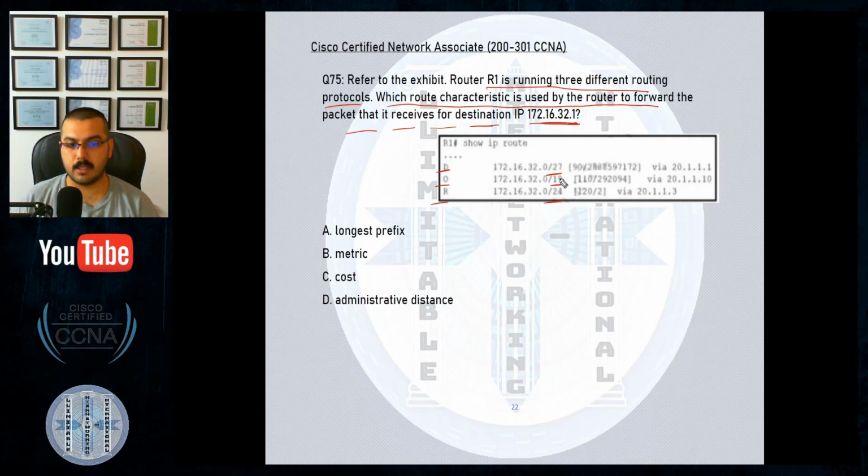So the biggest one here is /27, and /27 is a network of 172.16.32.0, so it does include this address, and it's the most specific one, so it will win, and it is D. And even if all 3 had the same subnet mask, D will also win because it has the lowest AD between them, so it will always win. So the guy with the longest match here wins. EIGRP.